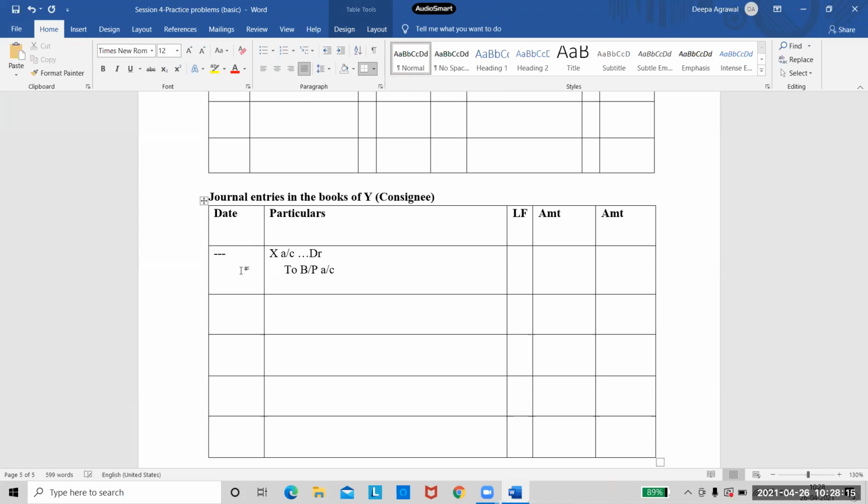X account debtor to bills payable account, being advance paid through bills of exchange, and the amount of advance is 30,000 rupees. So 30,000 in both the columns, right? So our first entry is done.